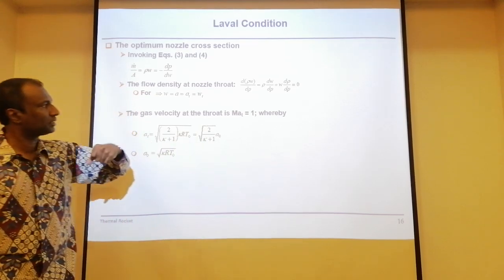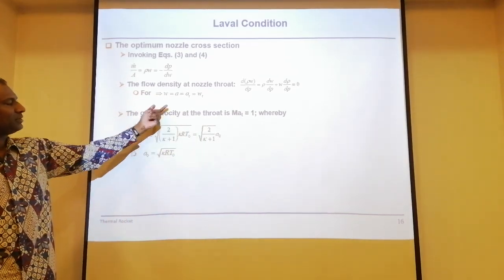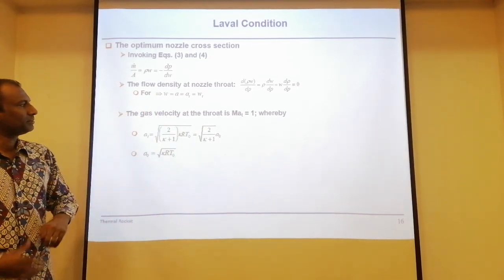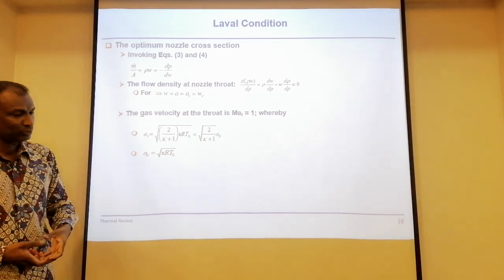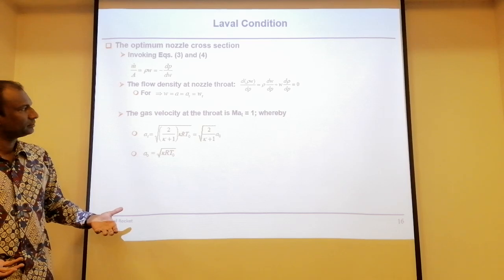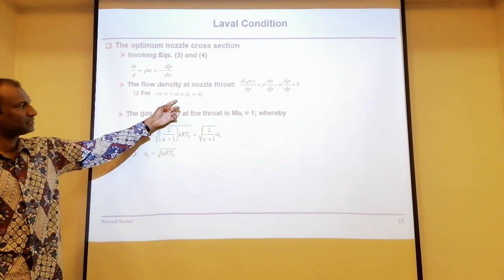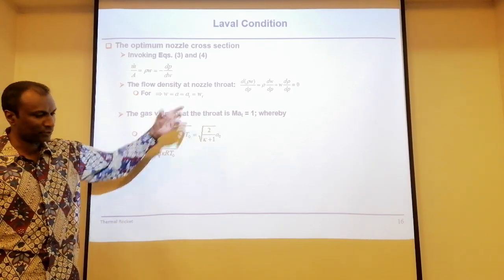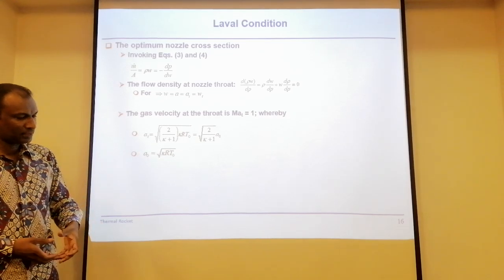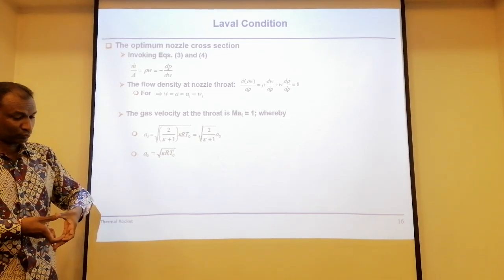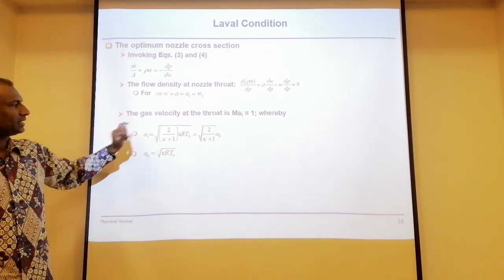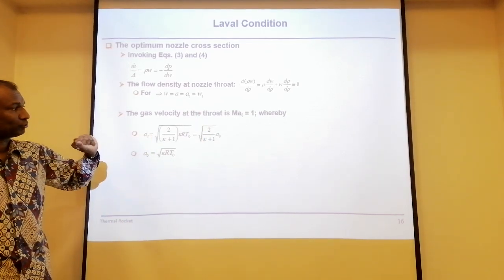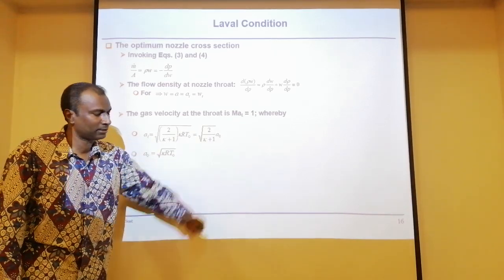From this equation, what is quite interesting is that the velocity W is basically at the throat. There is a velocity at the throat as well, at the convergence of the throat, so I coin this as Wt. Now the gas velocity at the throat is, let's say, about Mach 1.